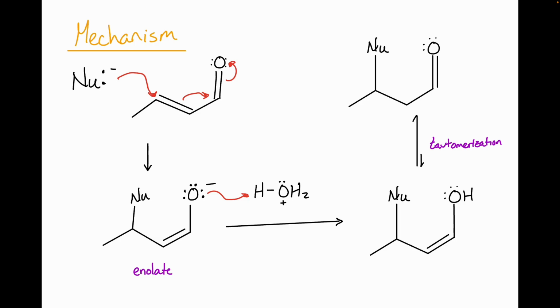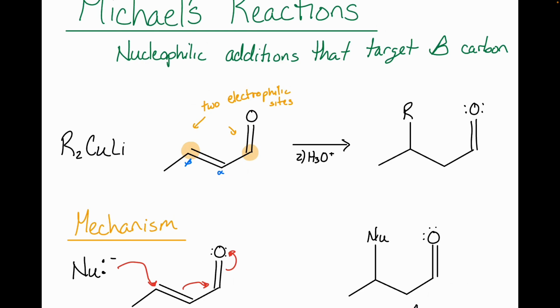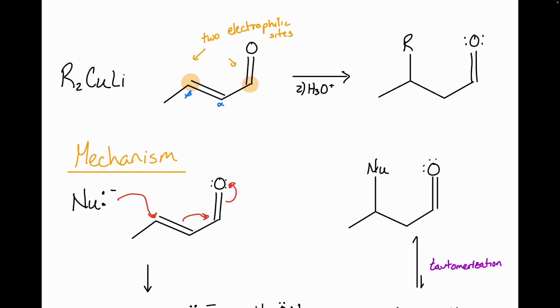Our reactant in this reaction was this alpha-beta unsaturated ketone, or aldehyde in this case. That is one of a few compounds that fall in this class called Michael acceptors.